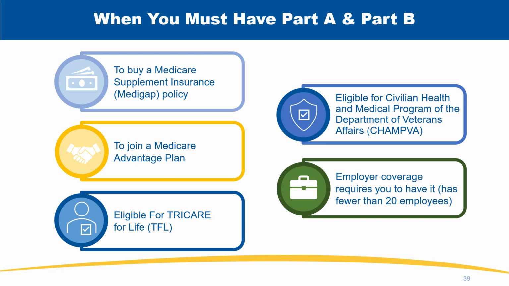You have to have both in order to be applicable for TRICARE. Eligible for the Civilian Health and Medical Program of the Department of Veterans Affairs. Employer coverage requires you to have it because they have fewer than 20 employees. This is why it's important to contact your benefits administrator before you make any decisions with Medicare, including this situation.